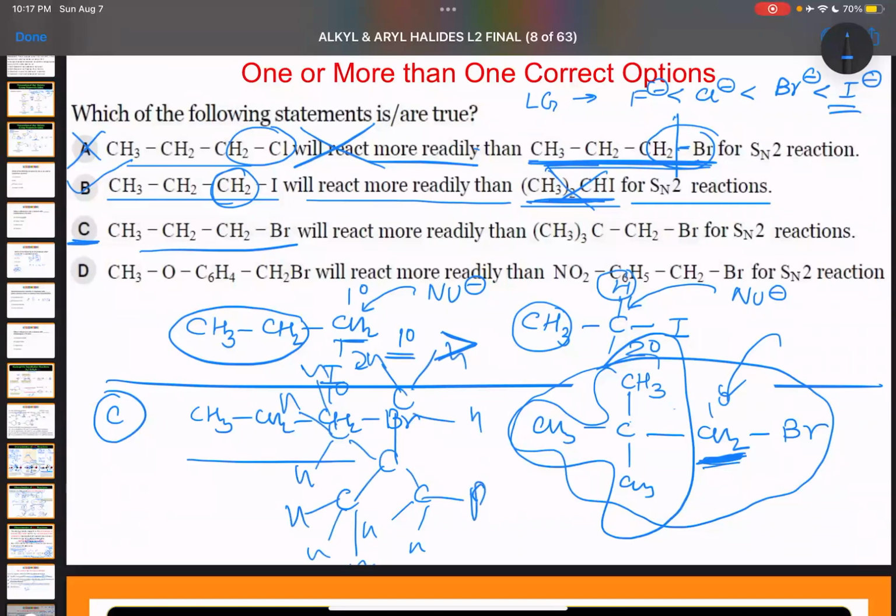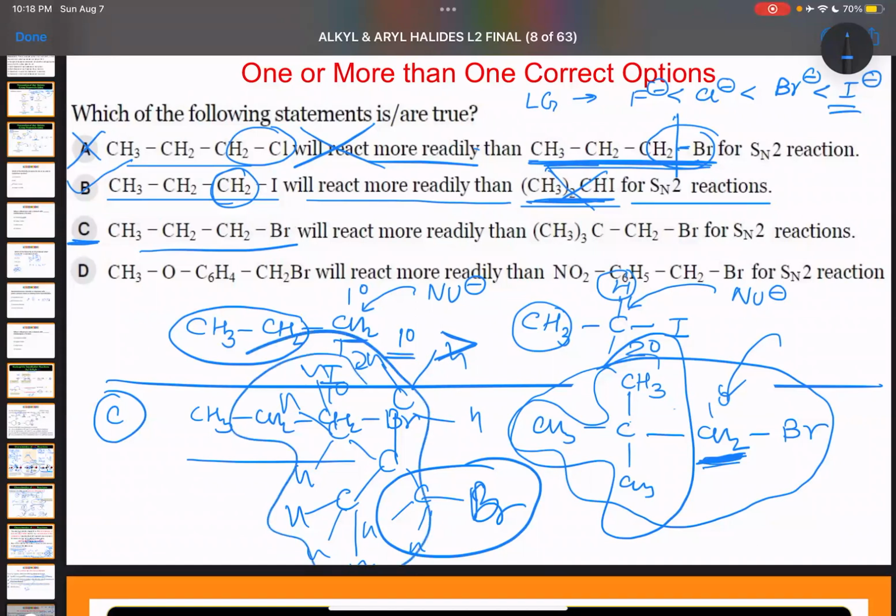This is the Br. Someone may say it is primary and it has no branching, but the branching is there on the molecule, not directly on the carbon atom which is connected to the leaving group, but on the adjacent carbon atom. So again, what is going to happen? The reaction is not going to happen, because you can see all these many groups.